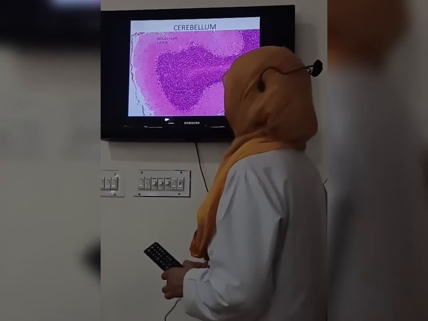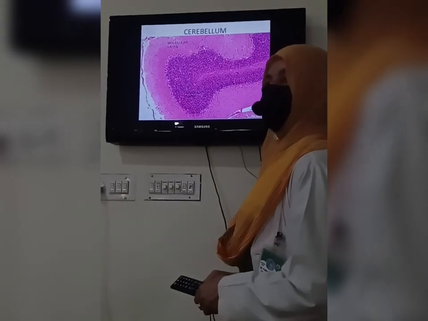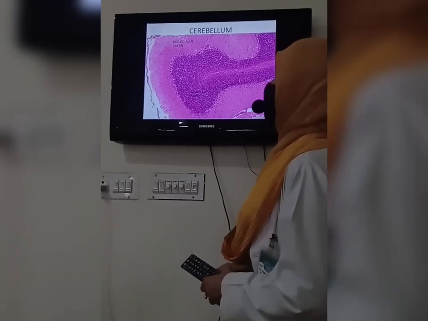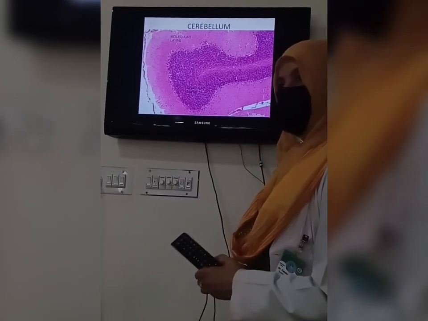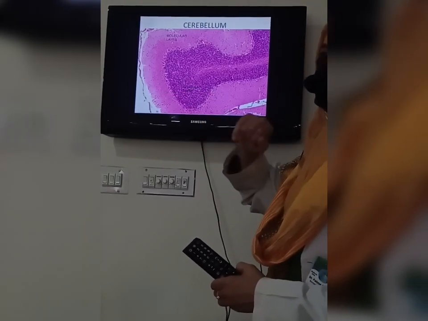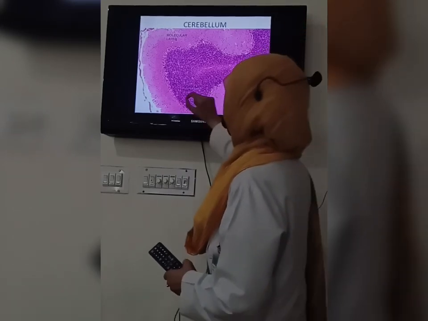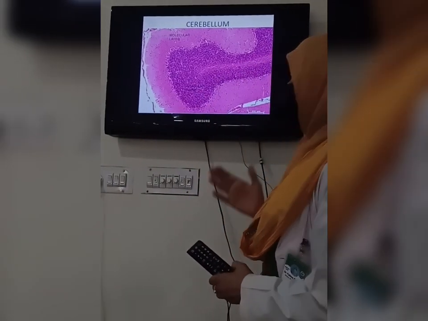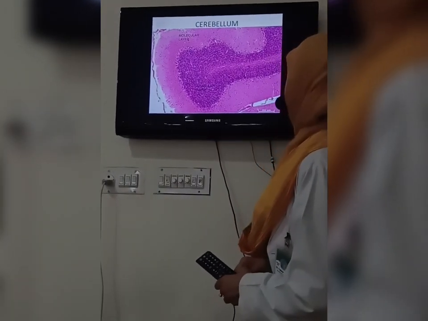Again, this is showing so many processes, the dendrites and the incoming axons. Again, the story is the same: when you cut so many fibers in transverse section, what do you see? You see the dotted appearance, hence molecular appearance. So the name given to this layer is molecular.